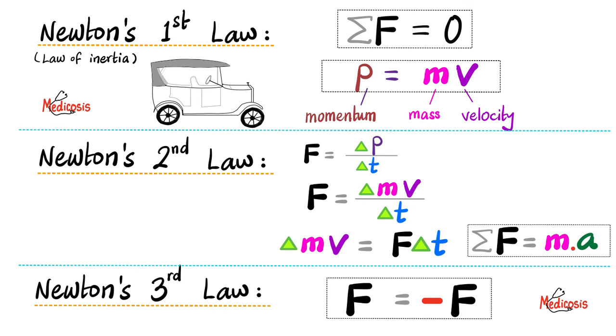So what did Newton's first law of motion say? A static object remains static, okay? And a moving object keeps moving at a uniform velocity in a straight line, unless acted upon by a resultant force. And when you add up all of these forces together, you end up with 0. How's that? Because remember, some forces have positive sign, others have a negative sign.